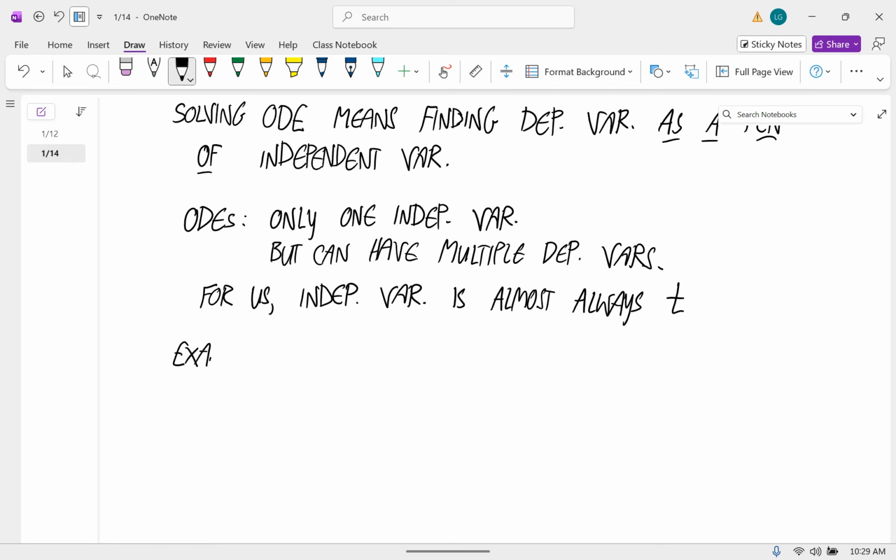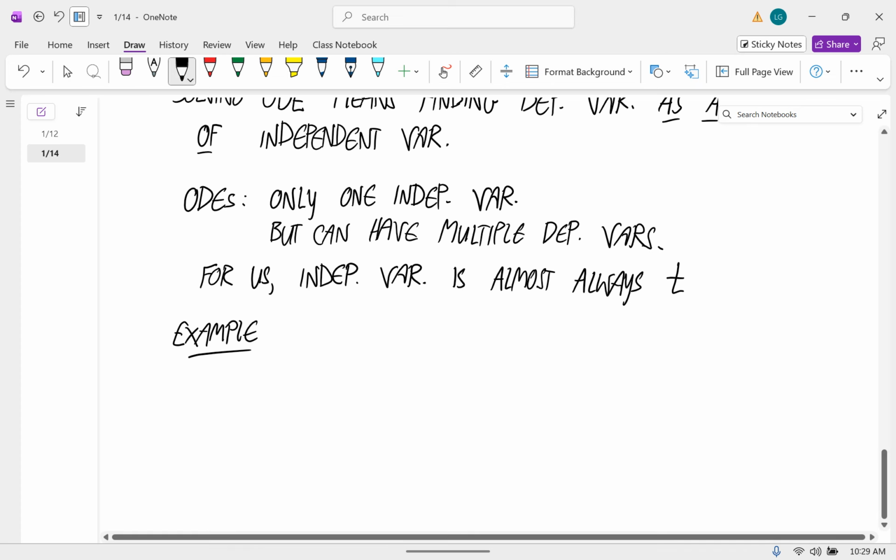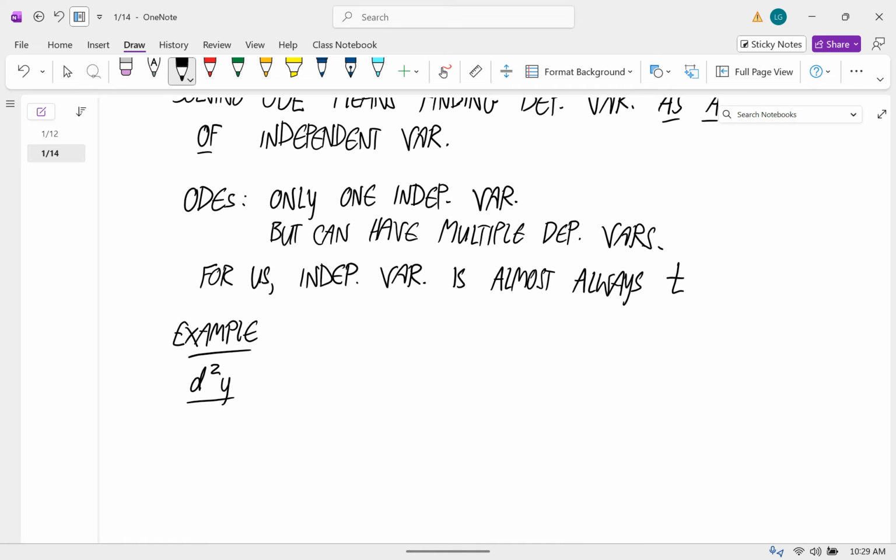Okay, so let me just write something out. So let's say that you have the differential equation, second derivative of y with respect to time plus 10 times the first derivative of y with respect to time is equal to 10y squared.